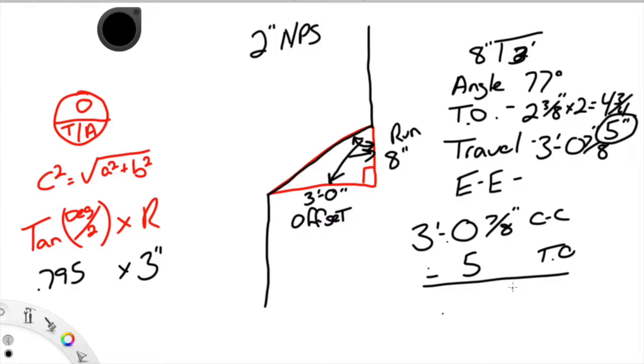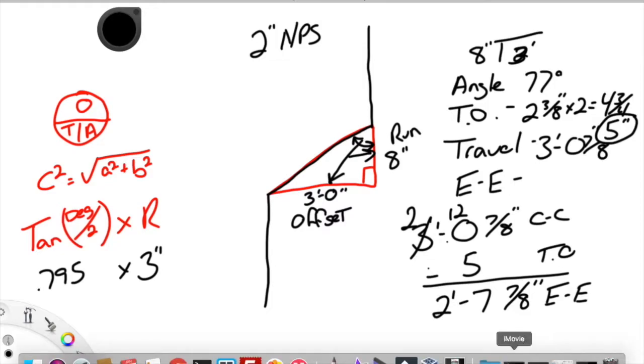So we're just going to bring that straight down. I'm going to borrow 12 inches from here, making that 2 feet. We're going to add 12 inches over here. 5 minus 12 is 7. And then 2 feet. That's our end-to-end measurement. 2 foot 7 7/8.